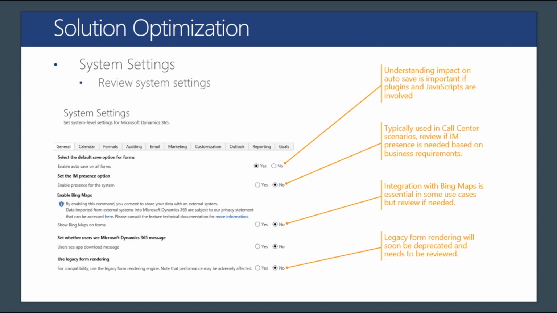Bing Maps. Some of the customers think, okay, I just remove the grid or the object from the form, so everything is okay, I'm not using Bing Maps. But even if it's not on the form, if it's not disabled here in the system settings, we're still sending some requests to the Bing Maps endpoint in the background.